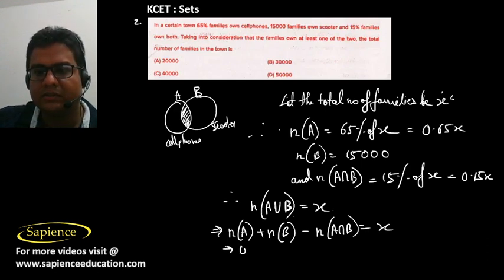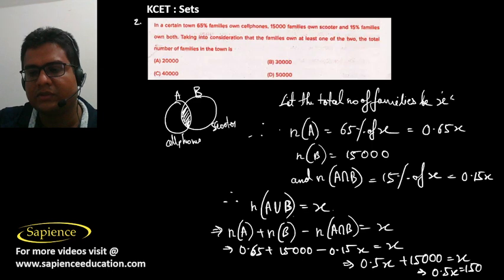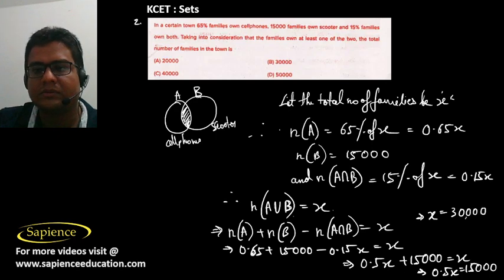So we can write 0.65x plus 15,000 minus 0.15x, that is equal to x. So this is 0.5x plus 15,000 equal to x. So 0.5x is equal to 15,000. So x will be equal to 30,000. So option B is the correct answer.